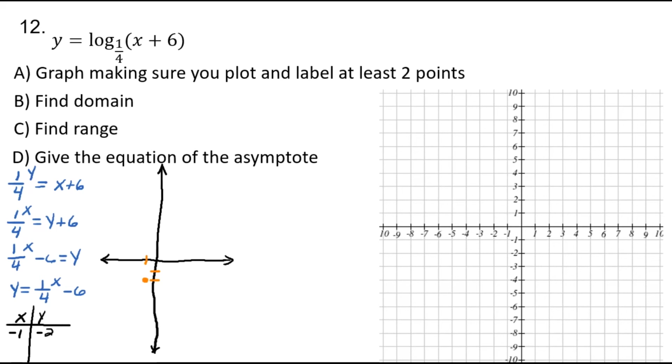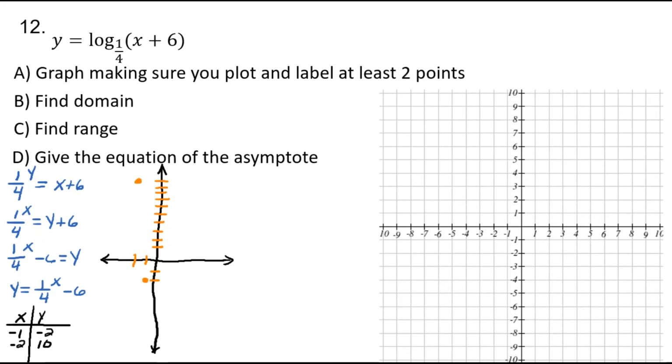Then I want to use -2, and that produces +10. So I get 1, 2, 4, 6, 7, 8, 9, 10. So -2, -10, that is somewhere in this area.